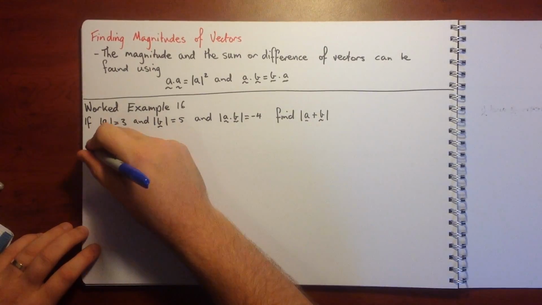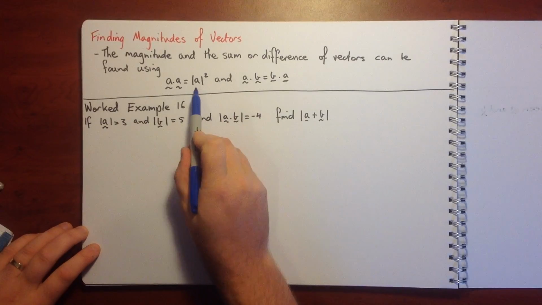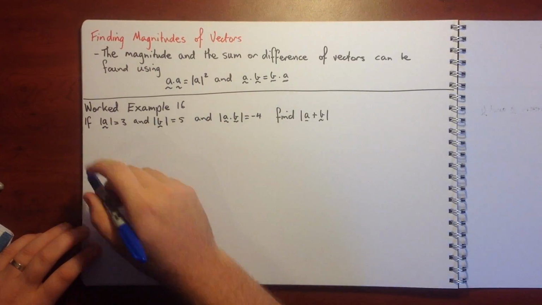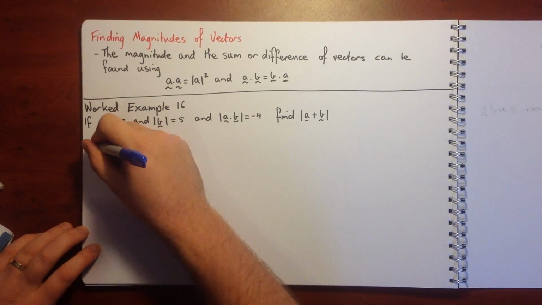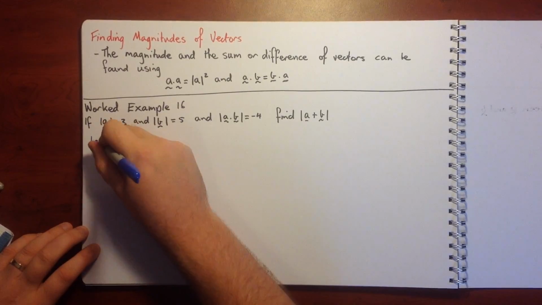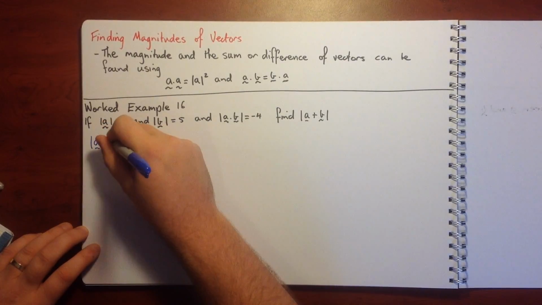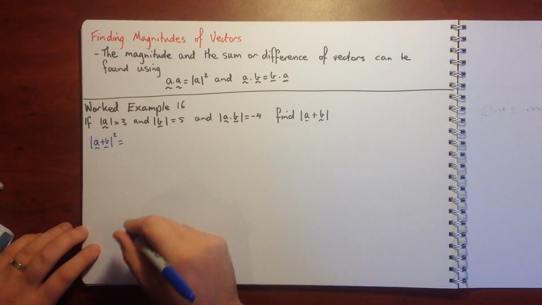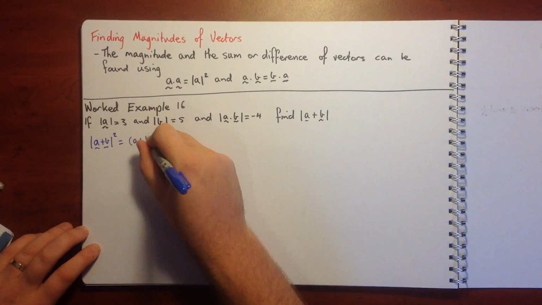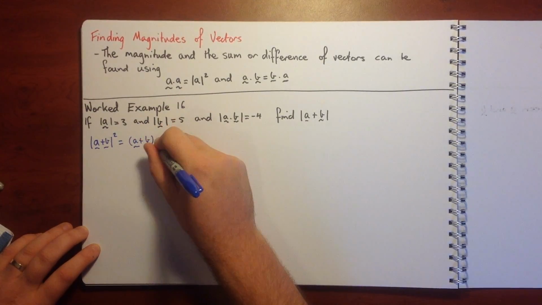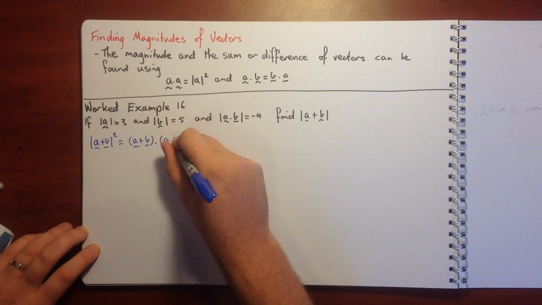So basically we're going to undo this. We're going to look for the magnitude of a plus b squared. Well, that's going to be equal to a plus b dot a plus b.